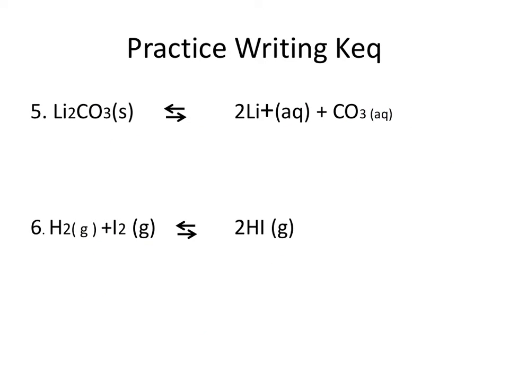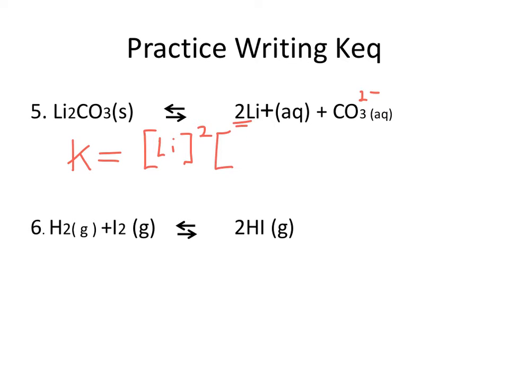Okay, for reaction 5, we have lithium carbonate, solid, dissociating and producing lithium ion and carbonate. There should be 2 minus here. Okay, so K is equal to the products. So we have lithium ion, and there's a 2 here, so we need a 2 here.